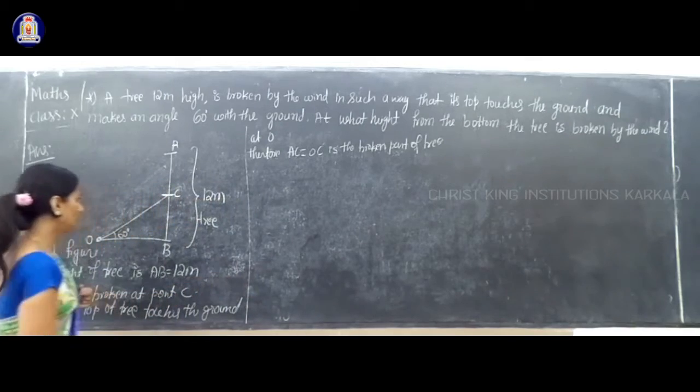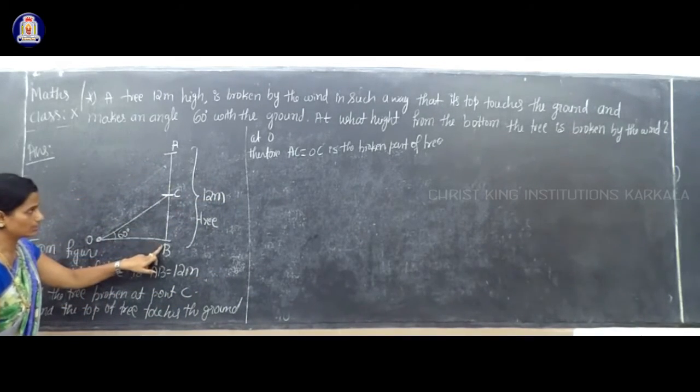Clear now? See, AB is the height of the tree.